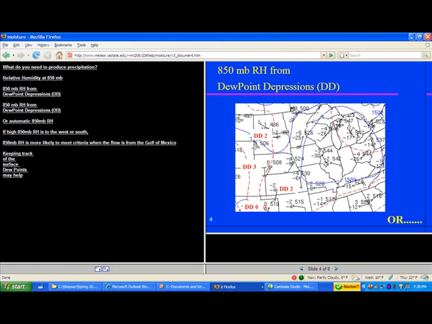So this is considered moist. In fact, all of this area back here has dewpoint depressions of 2 to 3, in other words, very moist air. Notice the winds are out of the south-southwest, so that air will be moving into Iowa. Initially, while eastern Iowa is very dry, as you go through time, the moist air will continue to move into Iowa. This was an example from several years ago.